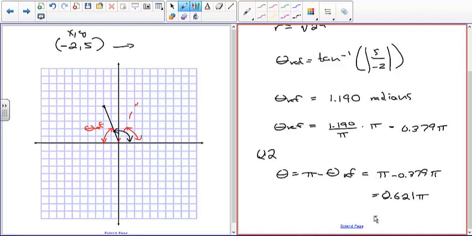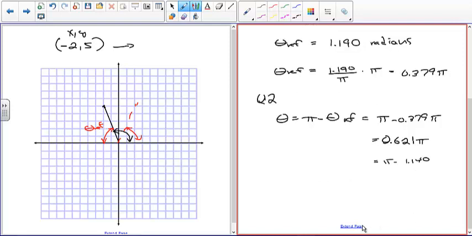Or you could take 3.14159, or just pi, and subtract 1.190. Pi minus 1.190 is equal to 1.95 radians. So these are the same thing; I'm just doing one as a decimal percentage of pi.